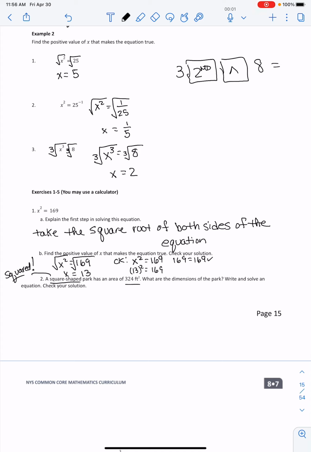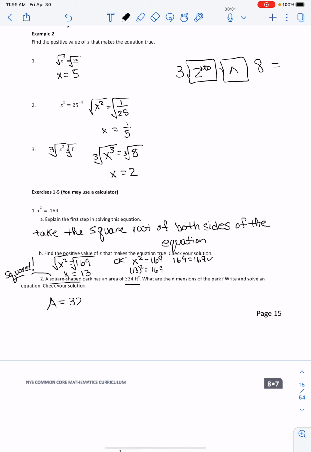Well, the area of the park is 324 feet squared. Remember, the area of a square is side times side, or side squared. So therefore, you've got side squared equals 324. So I'm going to take the square root of both sides. So my side equals 18 feet.